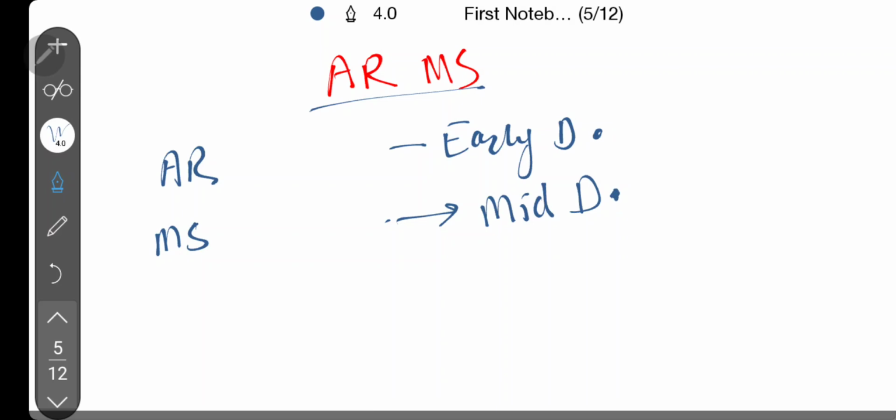Now you know that the AR, okay, this is aortic regurgitation. The aortic valve has something to do with the second heart sound. What is the other valve that is involved in producing the second heart sound? It is the pulmonic valve. So it's aortic here, we're going to write pulmonic, and regurgitation, it's the same thing.